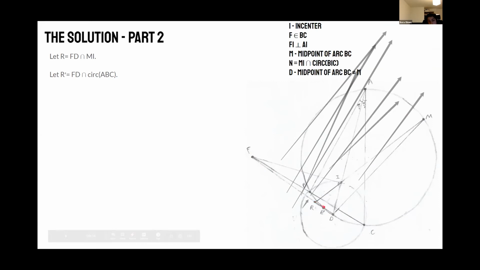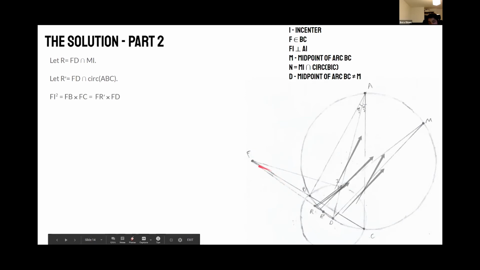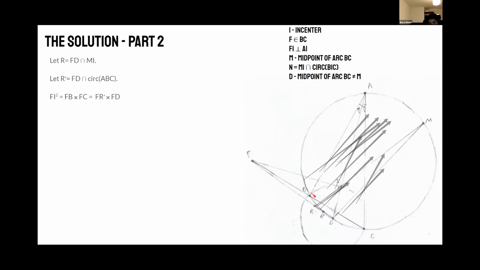So if we prove R equals R prime, then R will be on the circle as R prime is, and they're equal. So now we know that FI is a tangent to the circumcircle of BIC, and therefore, with the power of a point statement, we have that FI squared equals FB times FC.